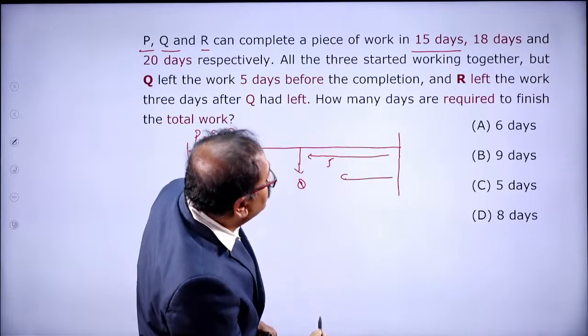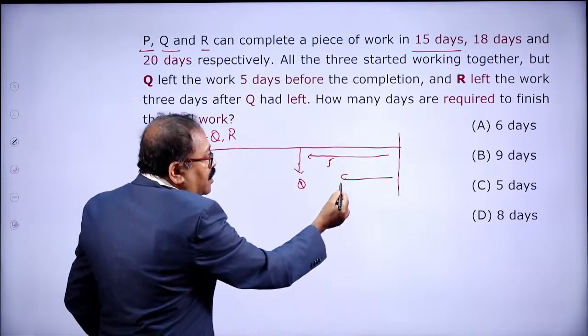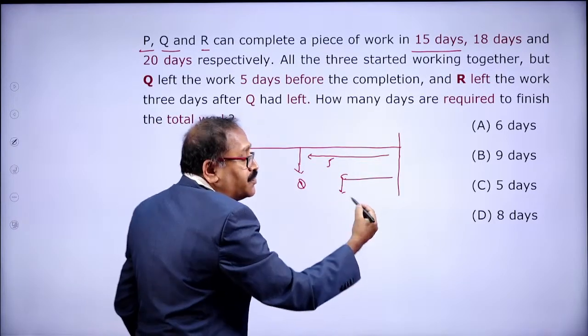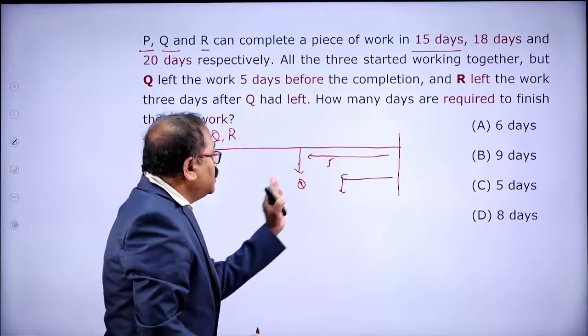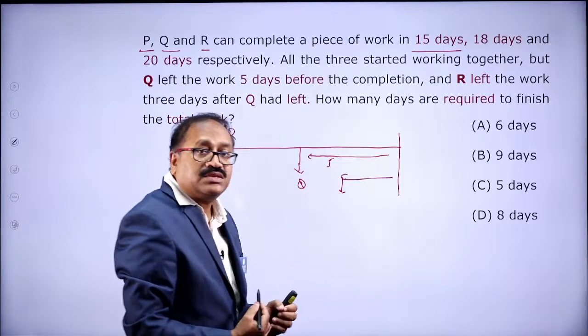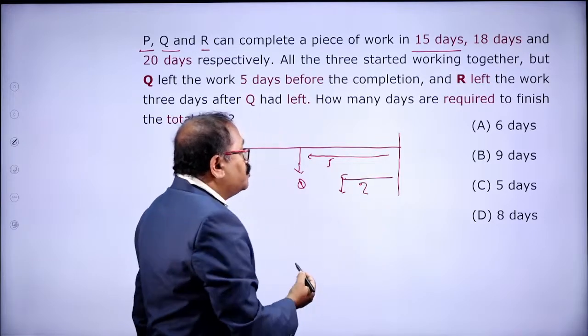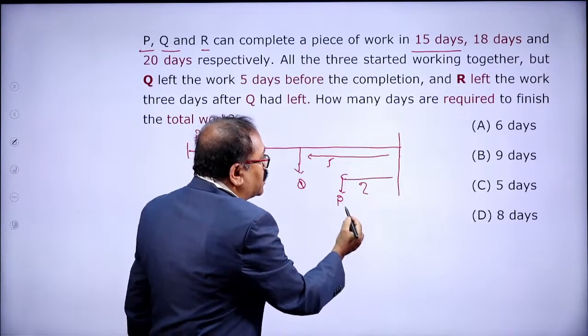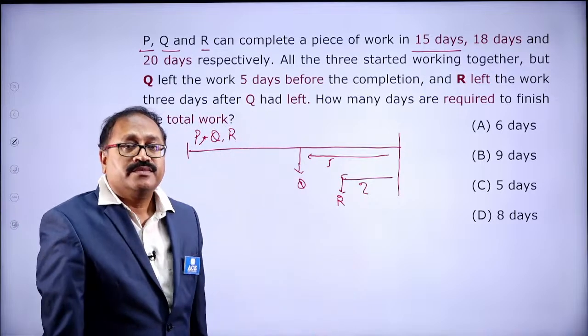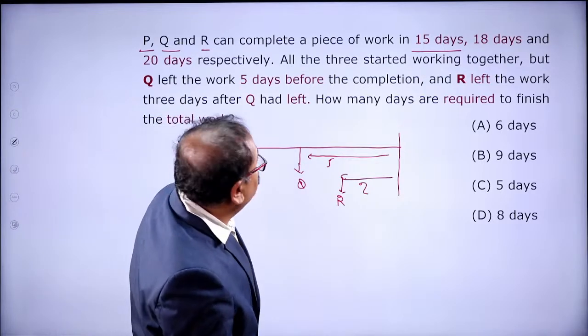Who has left over here? R. R left how many days before completion of the work? He left 3 days after Q left. That means he left 2 days before completion of the work. Okay. Now what do I need to do?